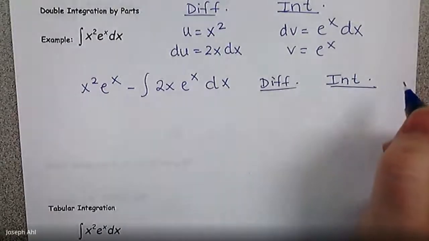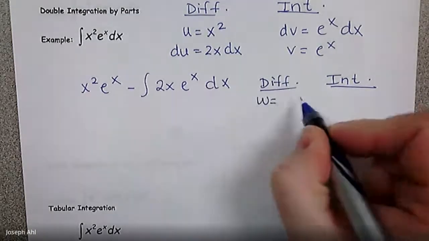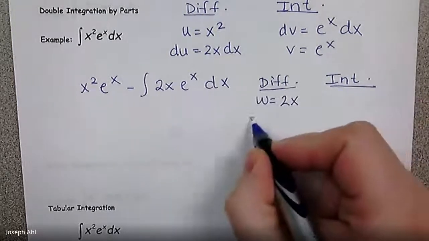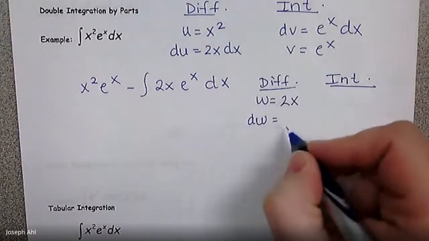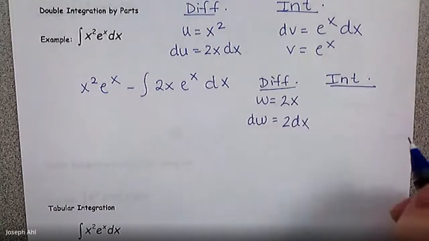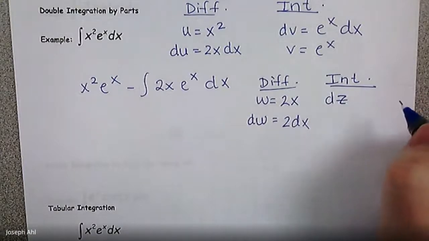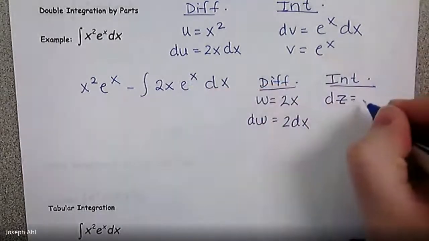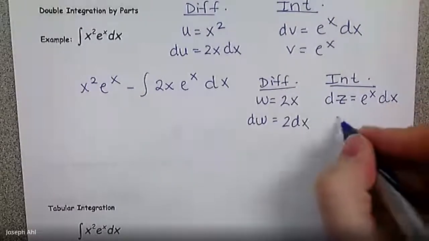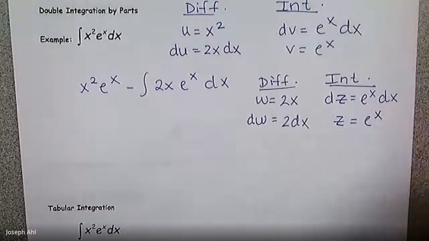So maybe we'll do like w and z. I don't know. Let's go wild, guys. So I'm going to let w equal 2x, and therefore dw would be 2 dx. Over here, the integration column, I'm going to put dz as e to the x dx again. And we know that z, therefore, is e to the x.